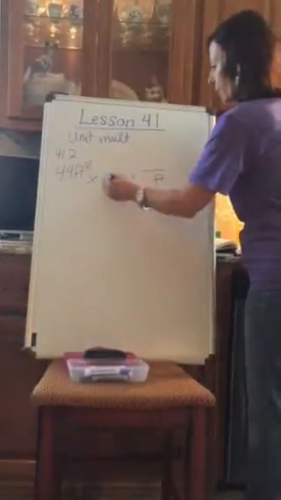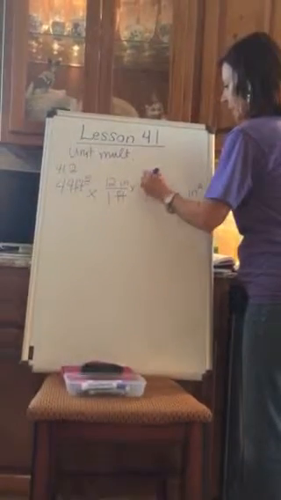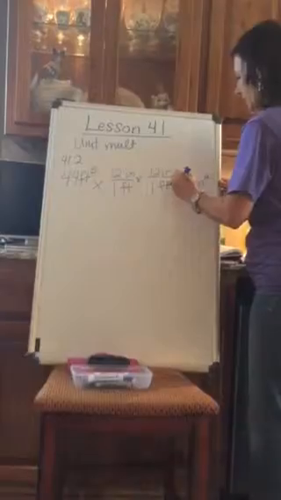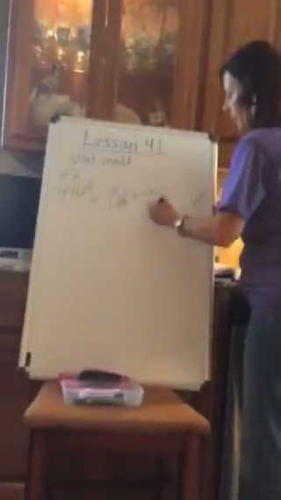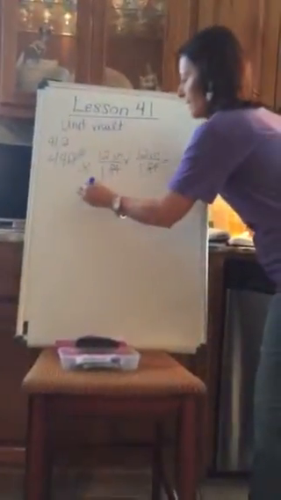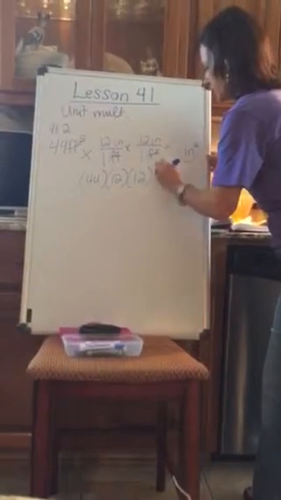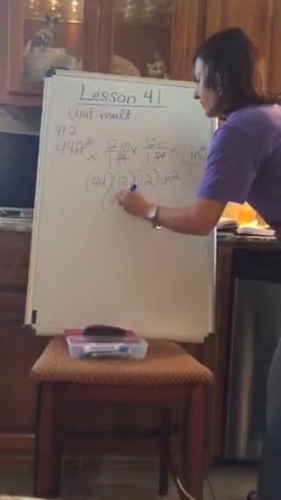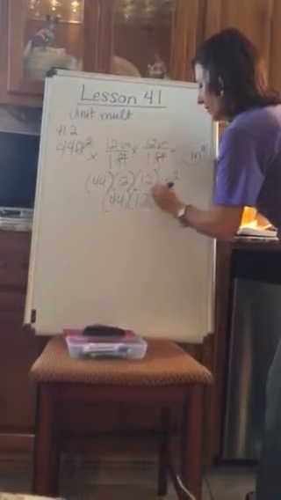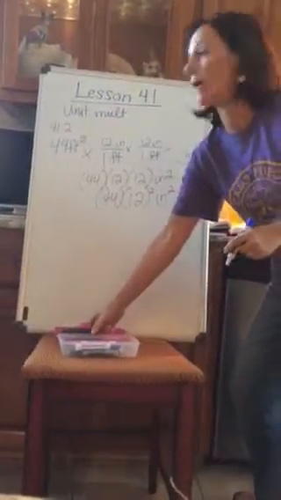All right, I know that 1 foot is 12 inches, and it's going to give me my inches squared. All right, so my feet are eliminated, and this is 44 times 12 times 12 inches squared. Another way you could write this is 44 times 12 squared inches squared, or you could simply multiply it out.